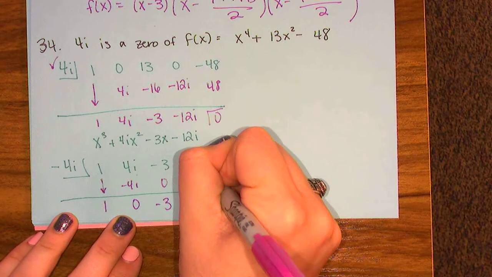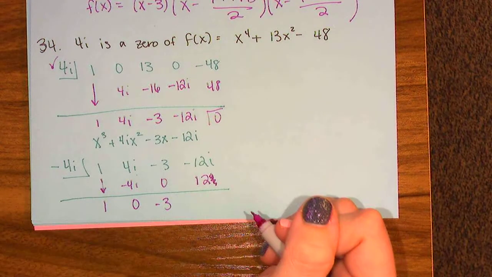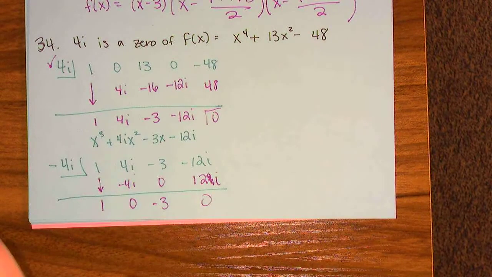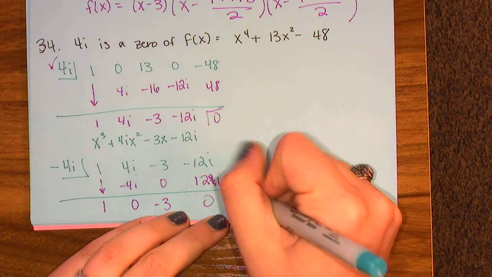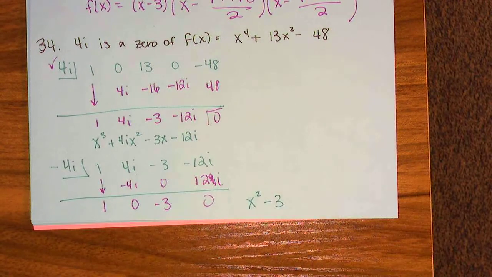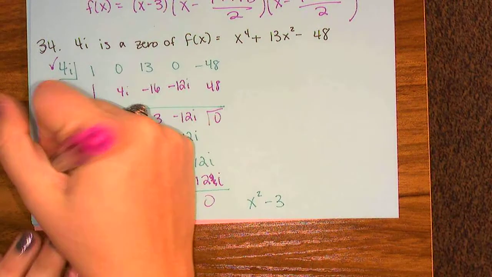Well, the i would go away, right? No, it would have an i. So that's 0. So then I'm left with x squared minus 3. Okay, so negative 4i was also a factor.